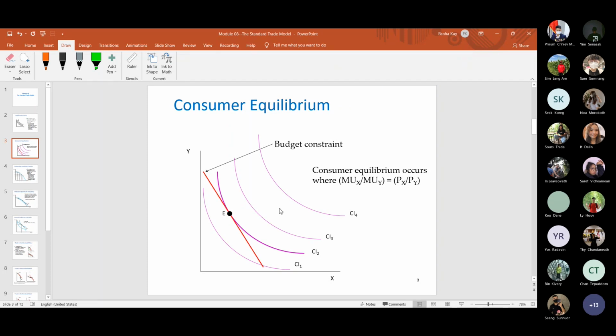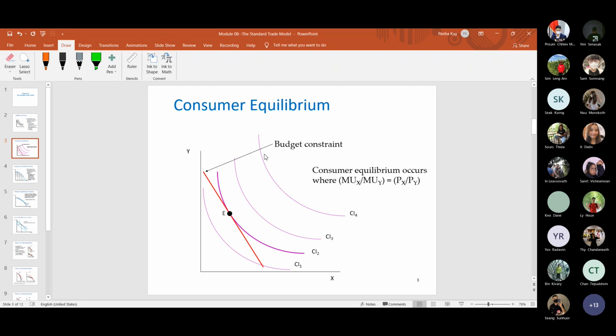The higher the indifference curve here, the higher the utility that you are going to receive. However, you cannot afford this at this point because you have your limited budget. That's why the equilibrium occurs where this one is the tangent.